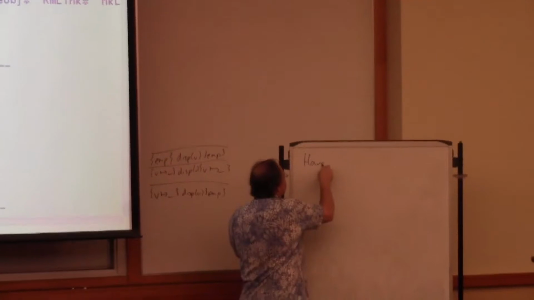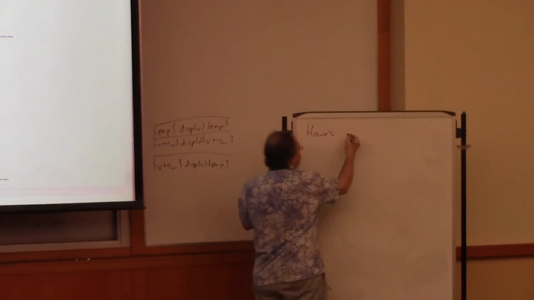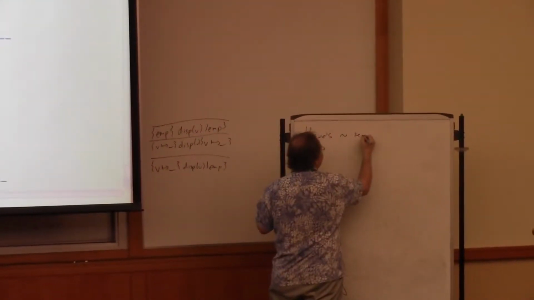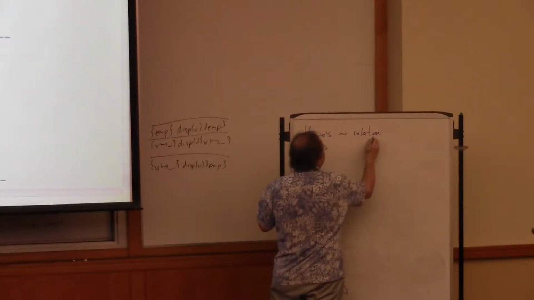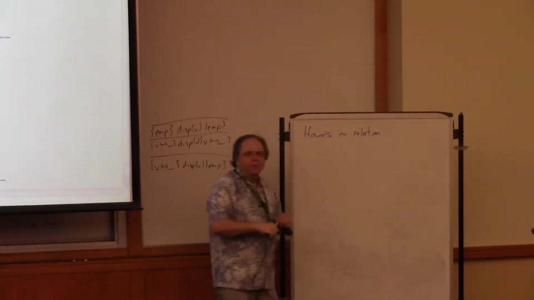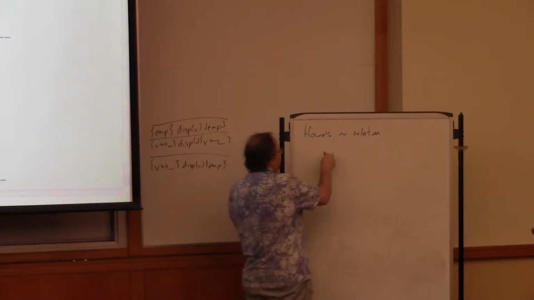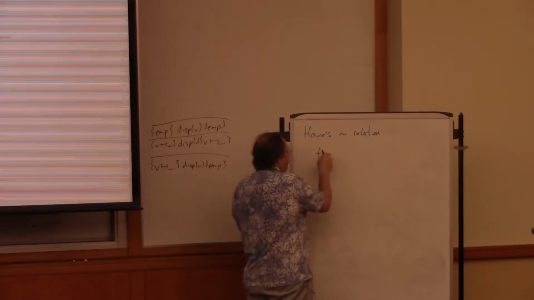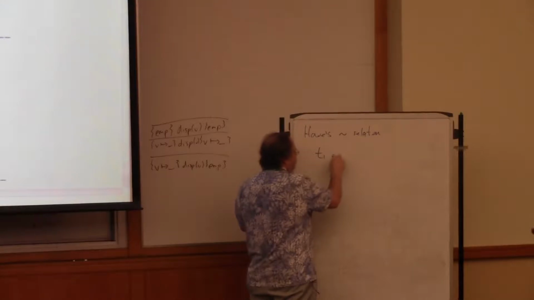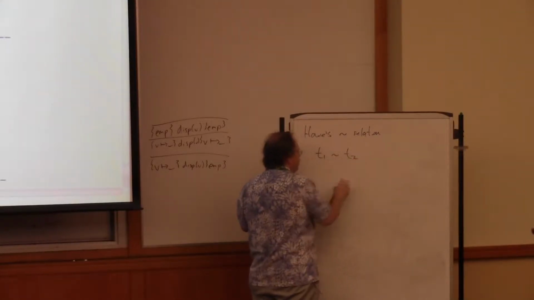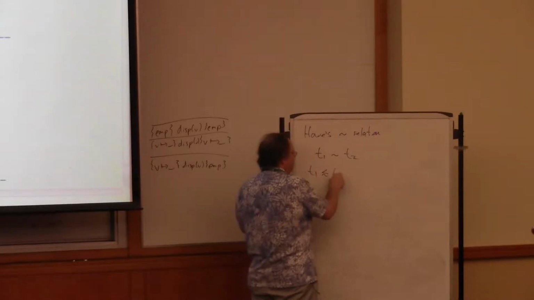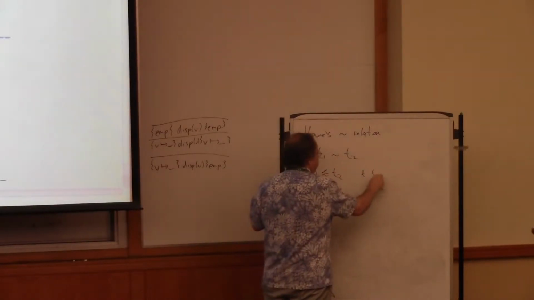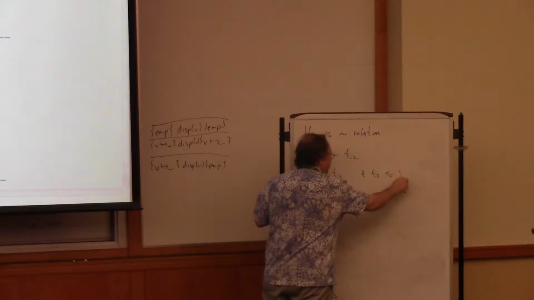This was Howe's squiggle relation. So this is computational bisimulation, and it says T1 is squiggle equal to T2 if T1 is squiggle less than or equal to T2, and T2 is squiggle less than or equal to T1.